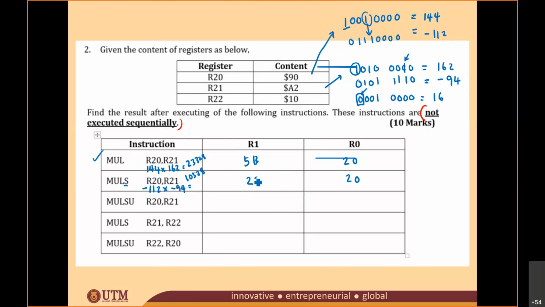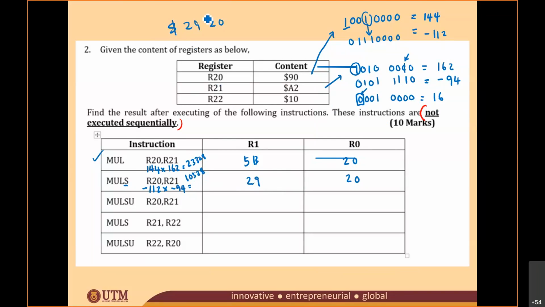Okay, all of you get this answer, yeah? Okay, next. Yeah? I cannot understand what R1 and R0 are supposed to be stored in R20, right? Okay, R0. This is 10528, you convert to hexadecimal and it will produce 2920. Is it correct?